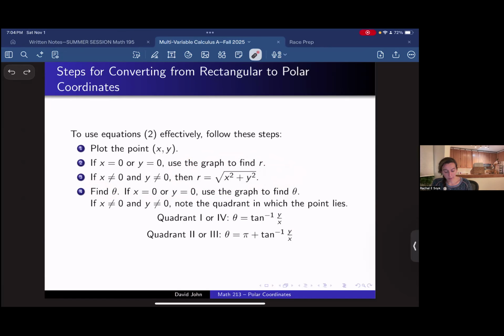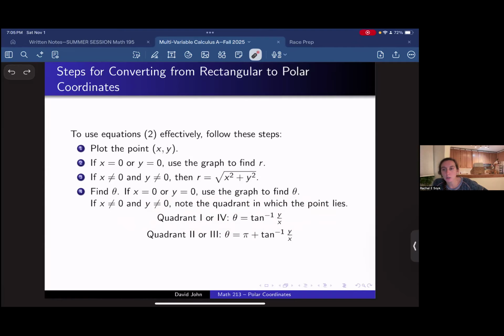And so we're finding the angle measure. If our point lies in quadrant 1 or 4, then our theta is just arctan of y over x. If our point lies in quadrant 2 or 3, then our theta is pi plus our tan inverse y over x.